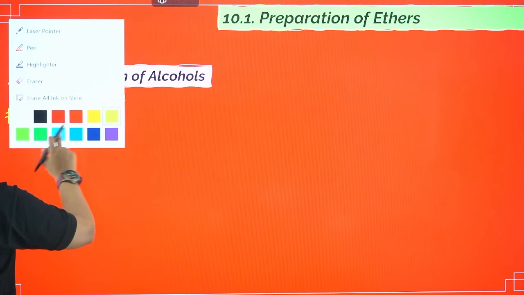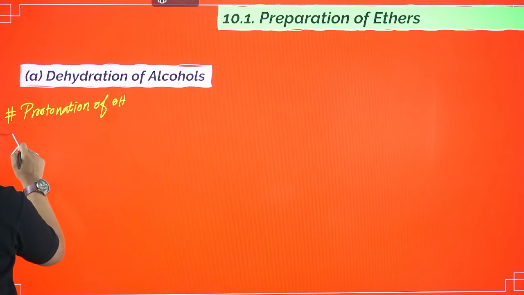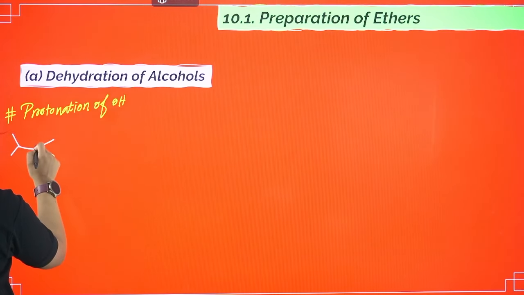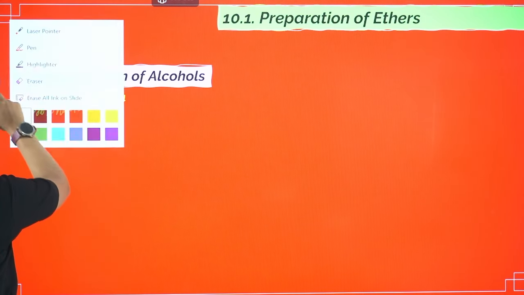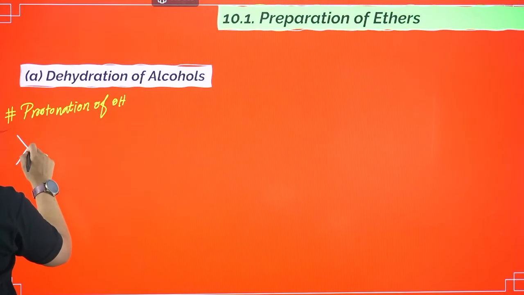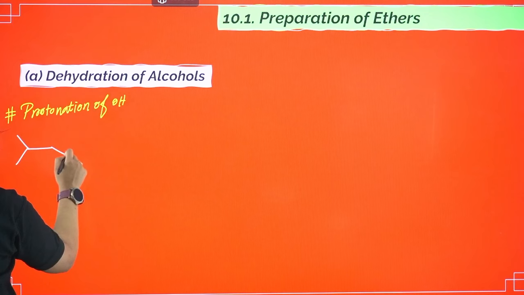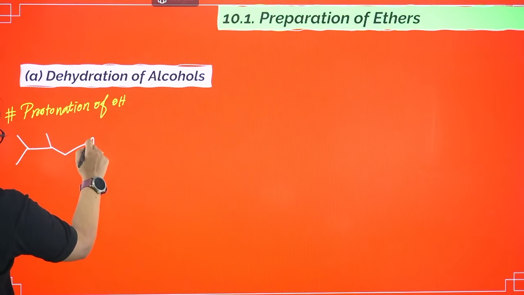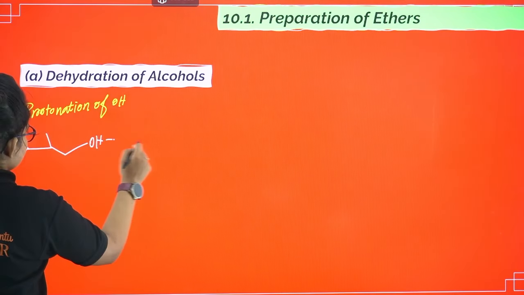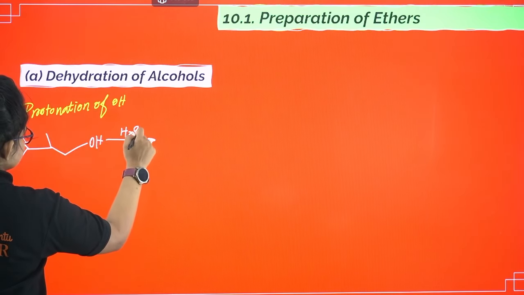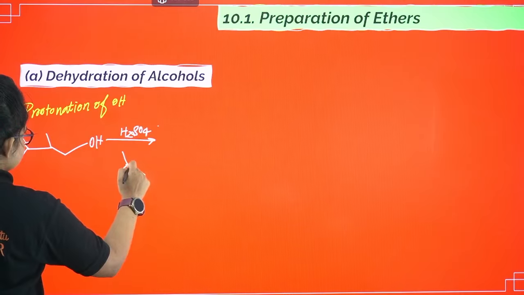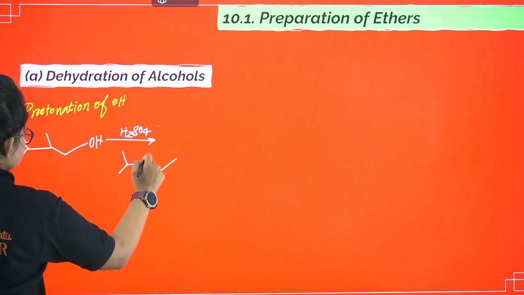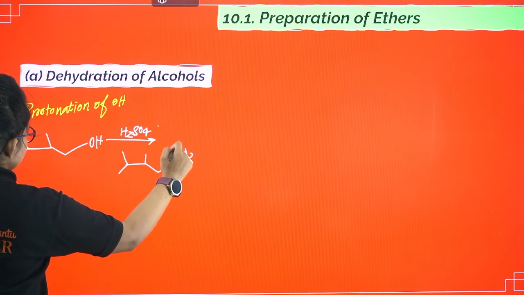Here what happens basically, let's say I am having this type of alcohol. Let's say I am giving H2SO4 to it. This particular alcohol will be protonated, that is OH2+.